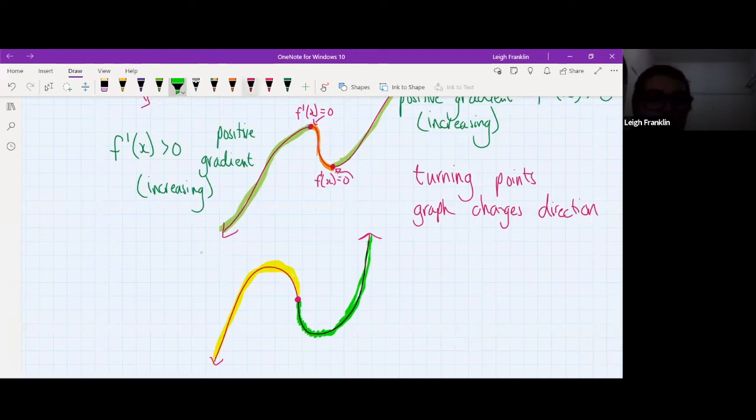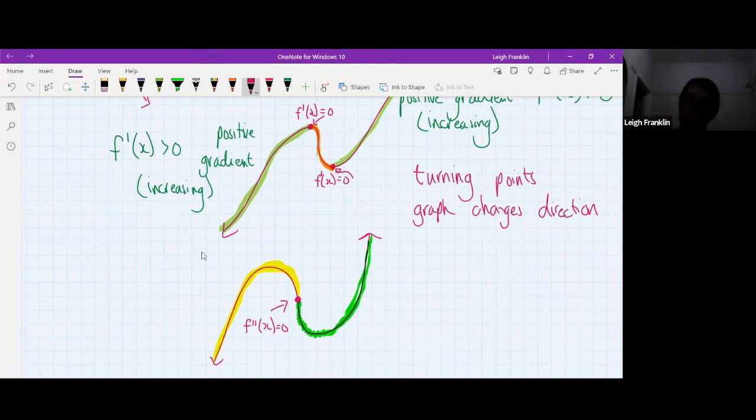Just like the first derivative, the gradient is 0 at the turning point. The second derivative, the measure of concavity, is equal to 0 at the point of inflection. So at the point of inflection, we have 0 concavity. At the turning points, we have 0 gradient.